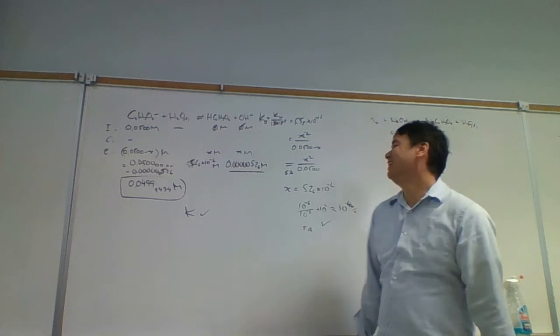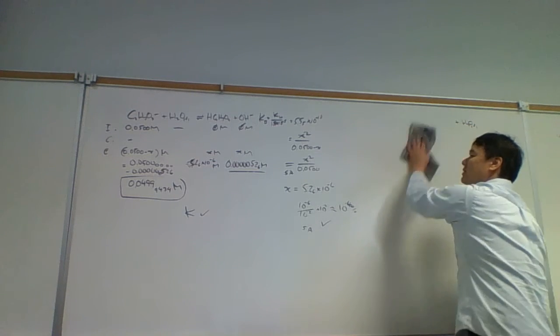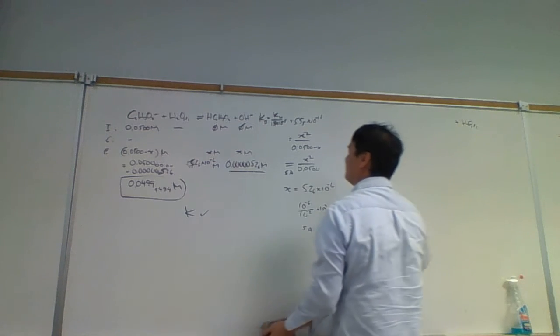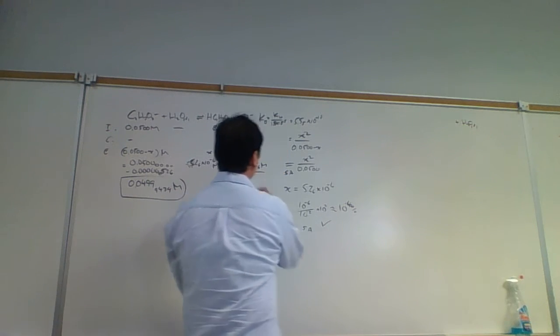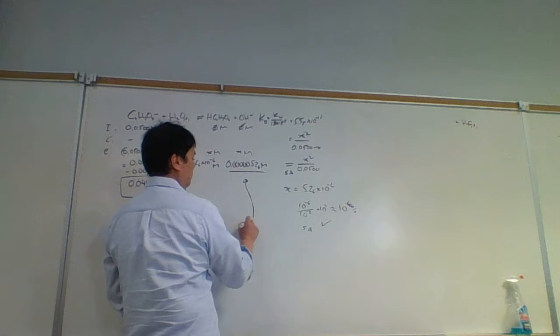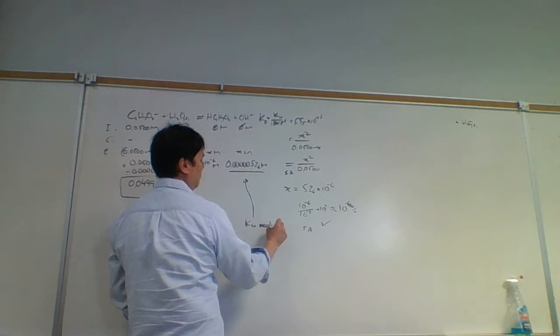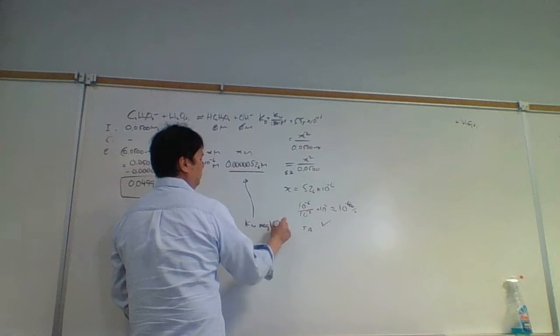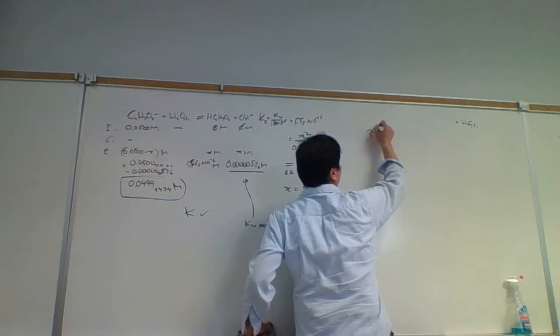Simultaneous equations. And so what we're going to do here is assume that Kw should be negligible, and then figure out what the pOH is.